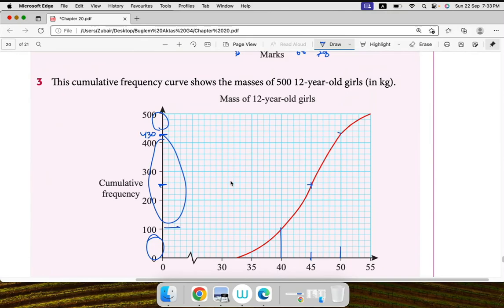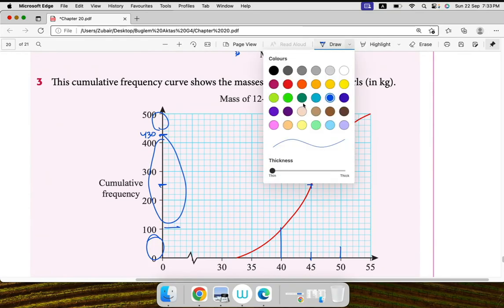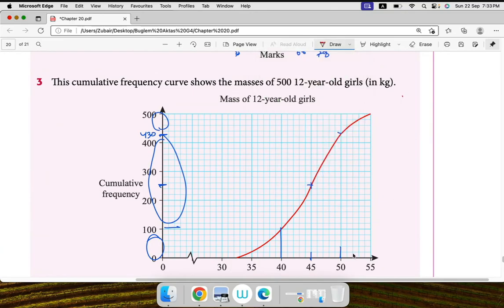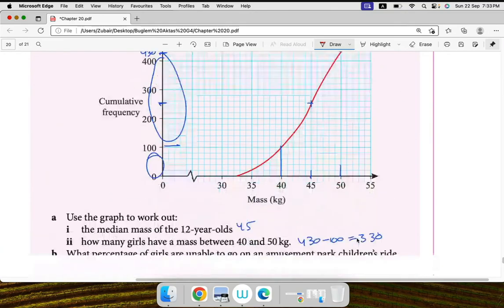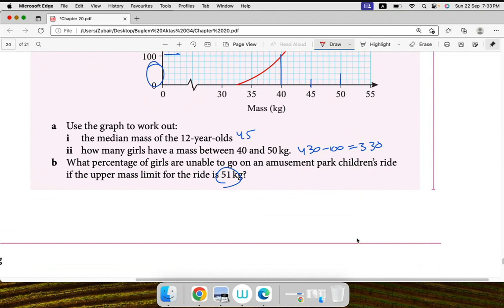See, the upper mass limit is 51. Can you go back to the question? Is that saying how many girls can't go on it? Yeah. What percentage of girls? Yes.